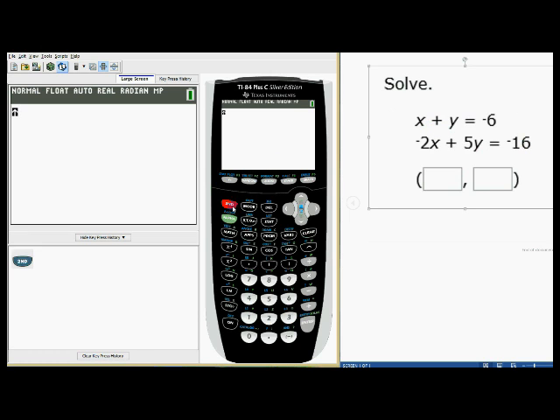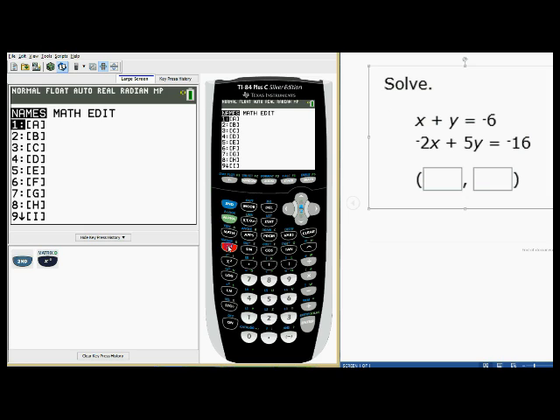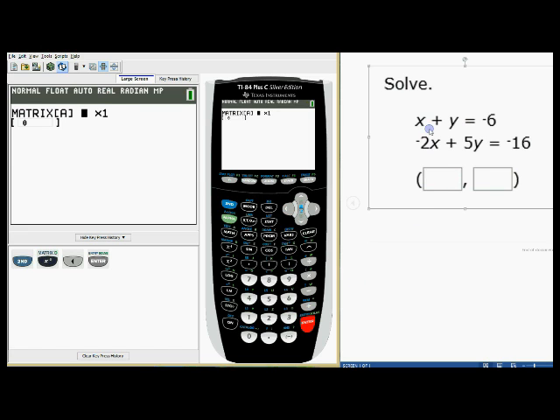So I push second, matrix. I'm going to edit, and I'm going to do 2, A and B. So I'm going to edit A. And in this first one, I'm going to put our coefficients. So I have X and Y, and I have two equations. So my matrix is going to be 2 by 2.